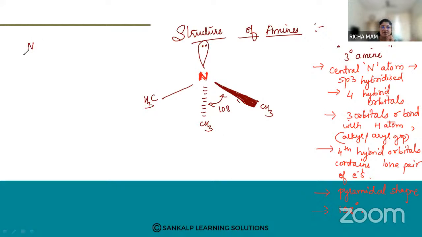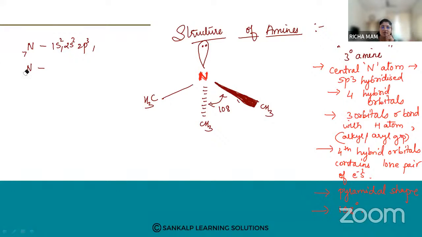So if I write for nitrogen, what is nitrogen? It is 1s2, 2s2 and 2p3. So nitrogen in the ground state, we will consider 2s2 and 2p3.